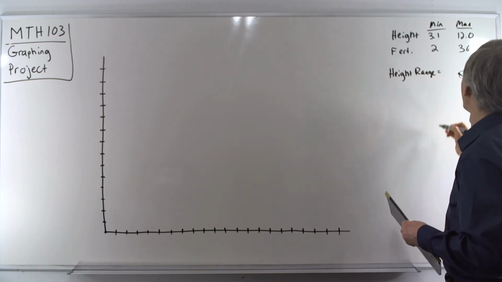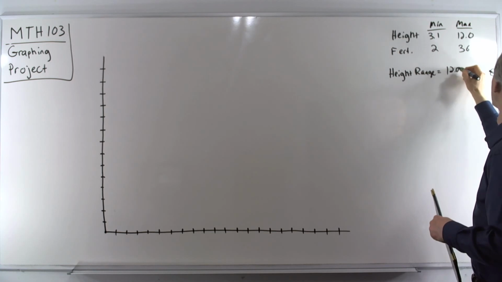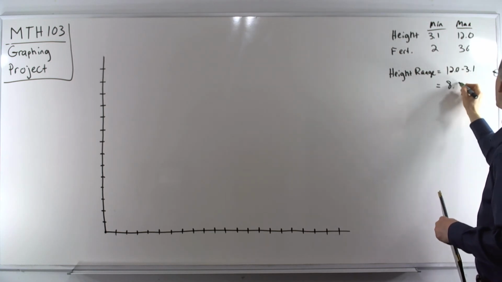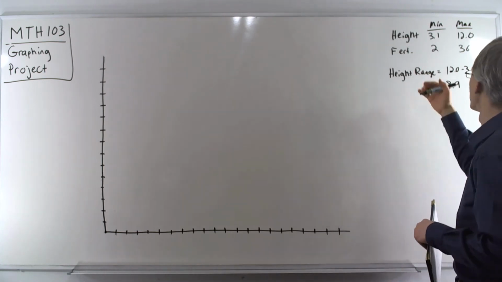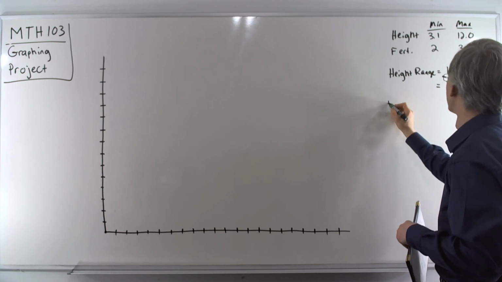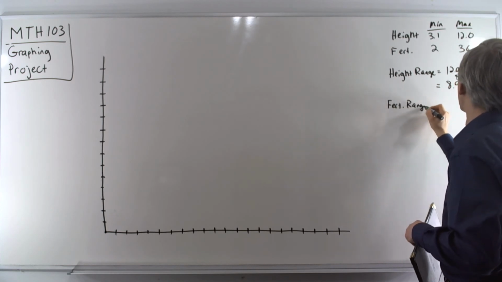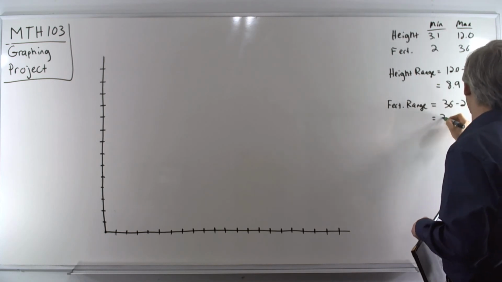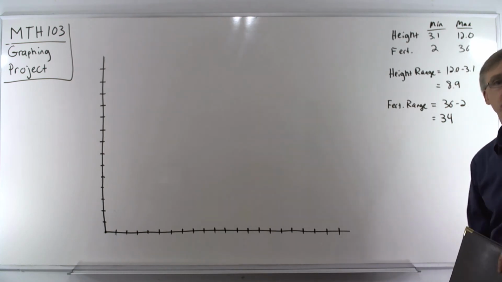So the height range is 12 minus 3.1, which is 8.9. We'll do the same thing for the fertilizer. So the range for the fertilizer is 34.